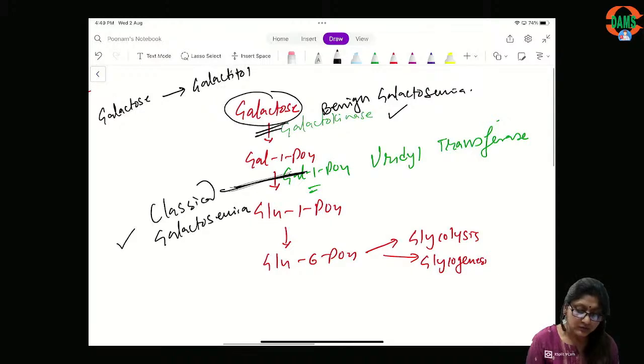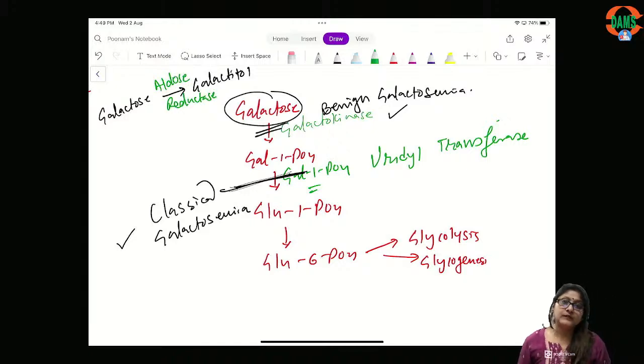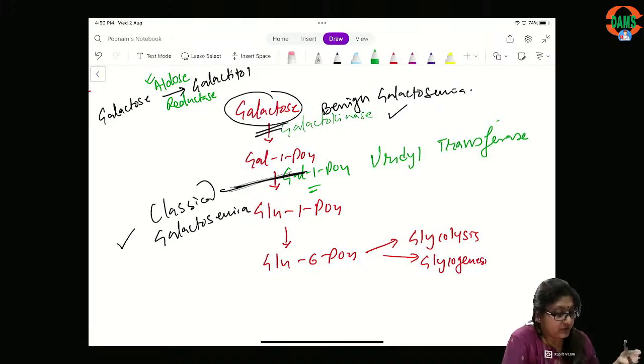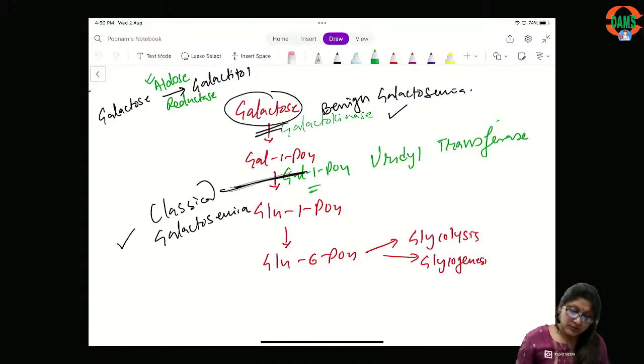The galactose is reduced to galactitol by aldose reductase enzyme. And this galactitol is going to absorb a lot of water and will burst the cell, resulting in cataract formation, oil drop cataract. So whether it is benign or classical galactosemia, the baby will have cataract.